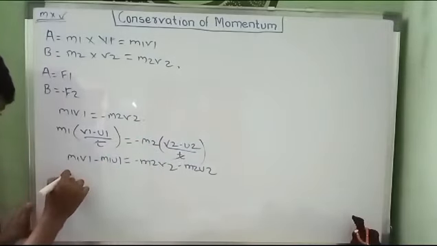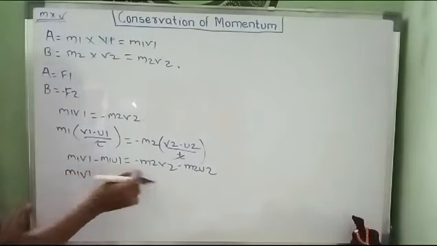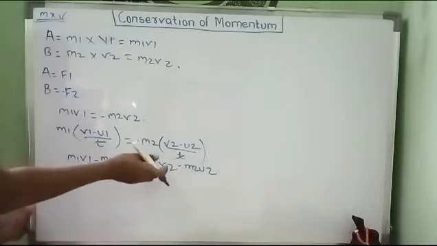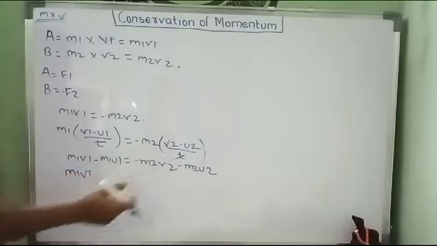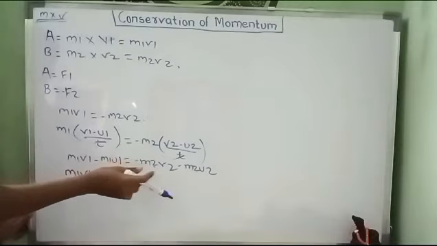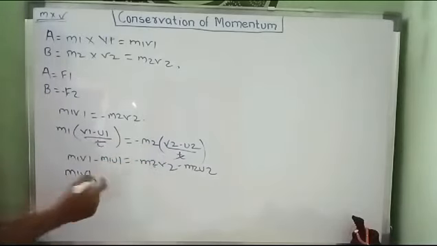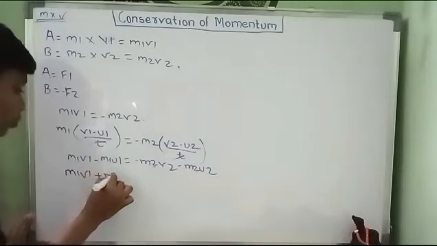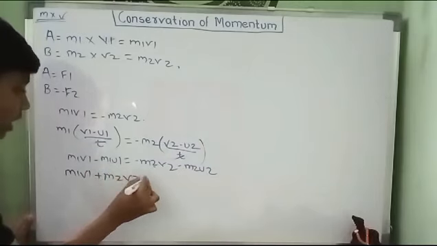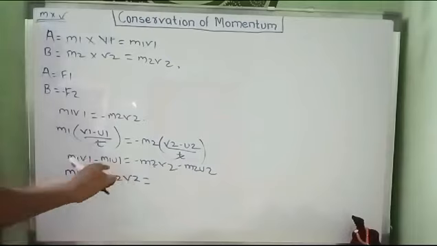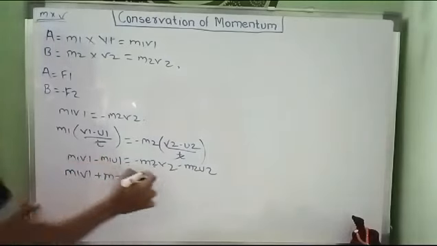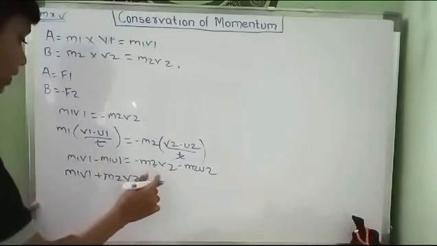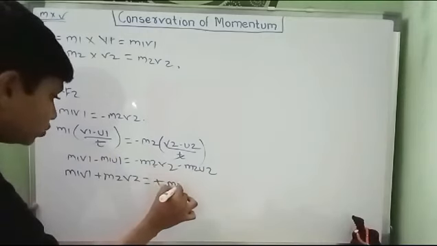Then m1 v1 is in the form of minus, so when we transpose m2 v2 from right to left, it becomes addition. So minus is transformed into add m2 v2. Then we transpose m1 u1 from left to right, so minus is transformed into plus m1 u1.